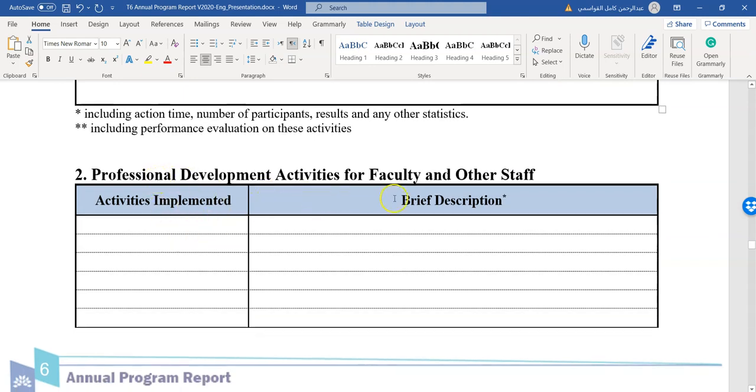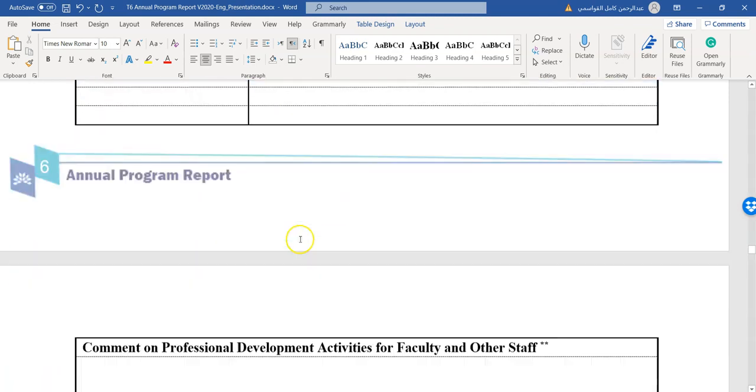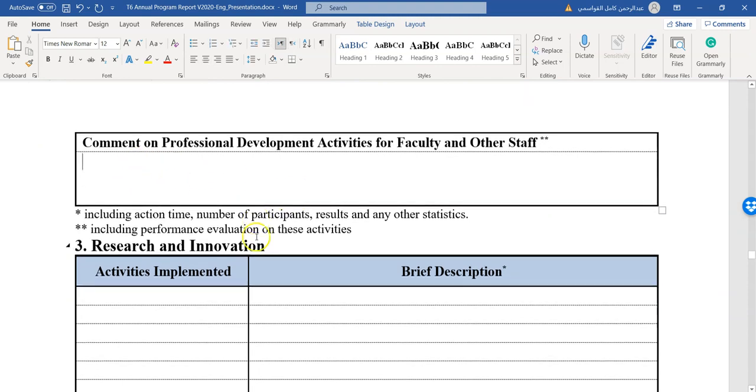Professional development for faculty and staff, activities implemented, for example, workshop, how to fill the annual program report, and the description here, the College of Engineering organized a workshop by Dr. Abdulrahman Qawasmi, how to fill the annual program report, and you can write comments here.